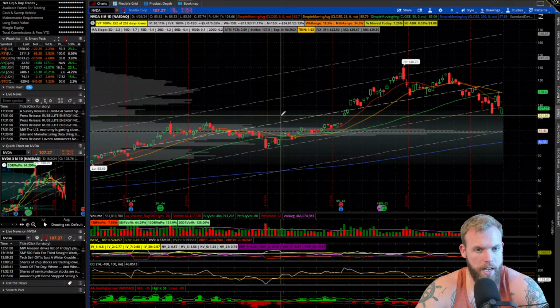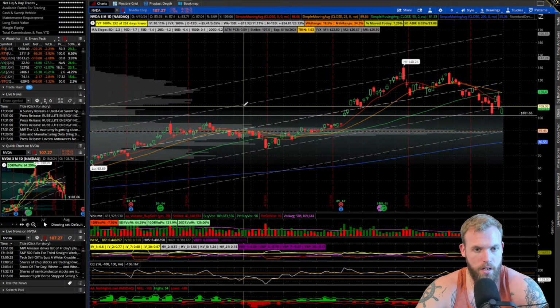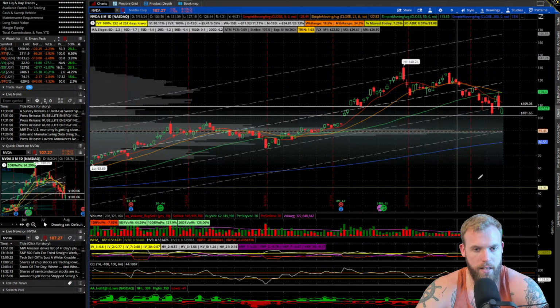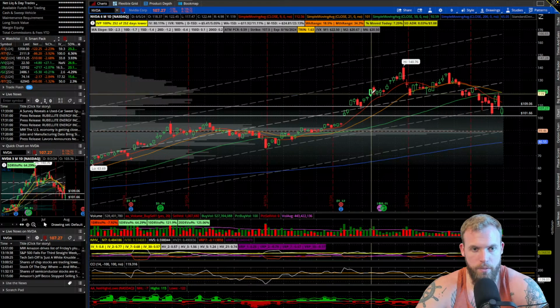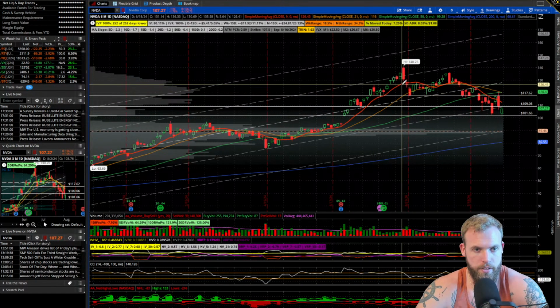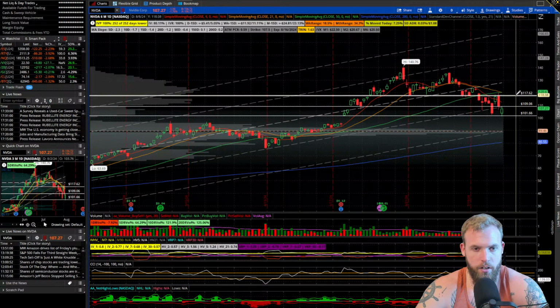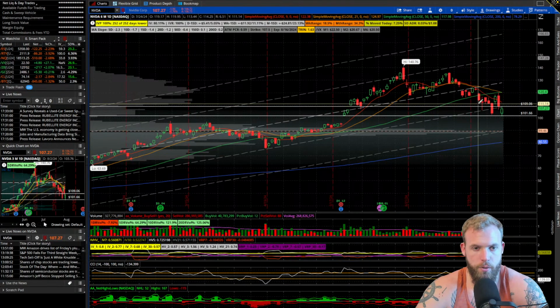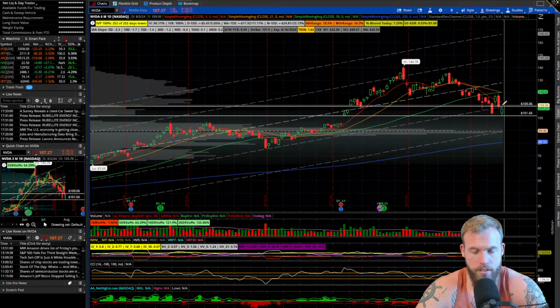So when I look at this, this right here is kind of the initial eyeball spot I see. And the way I look at it is I want to see what it does at that level. If it starts breaking up above this, I'm still not necessarily massively bullish until it starts breaking above these here, and then eventually this here. So if I had a long thesis, I would probably trade via short puts, something I can manage, where I can be slightly wrong and still make money.